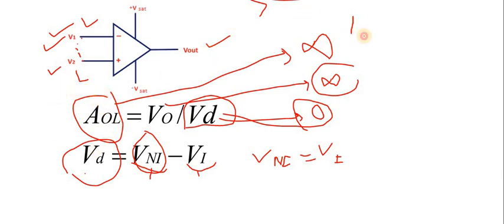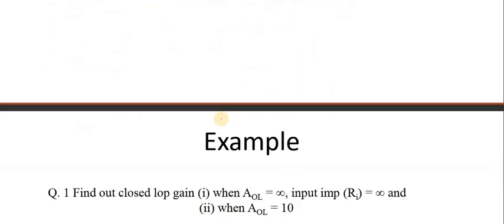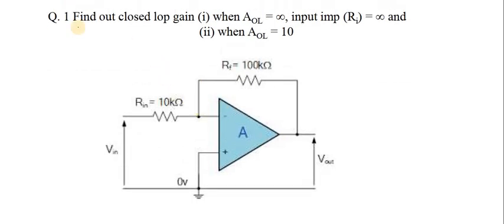If AOL is given as infinity in any question, you can take these two terminals as virtually equal, and generally we call it a virtual ground. So we'll solve one problem based on this.